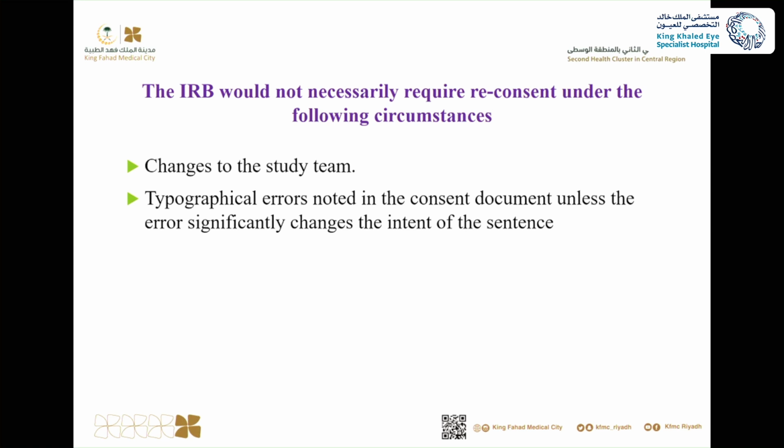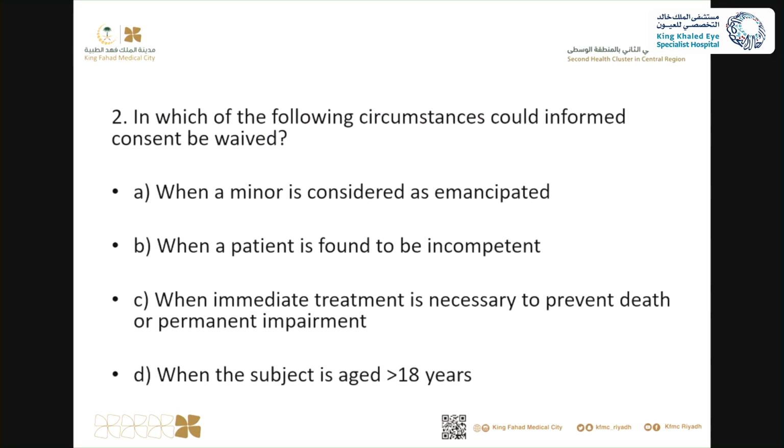In which of the following circumstances could informed consent be waived? When a minor is considered emancipated, like he's free. When a patient is found to be incompetent. When immediate treatment is necessary to prevent death or permanent impairment. When the subject is aged more than 18.